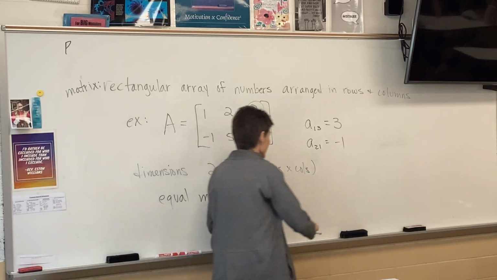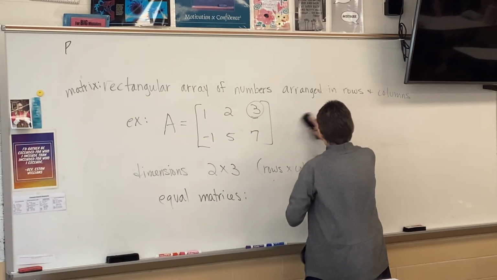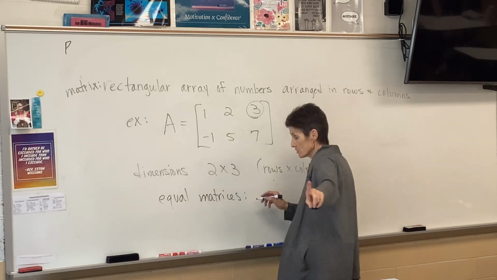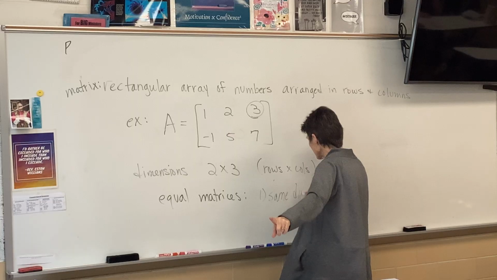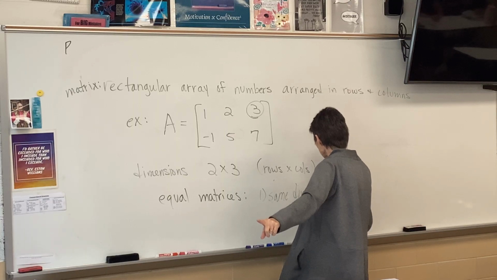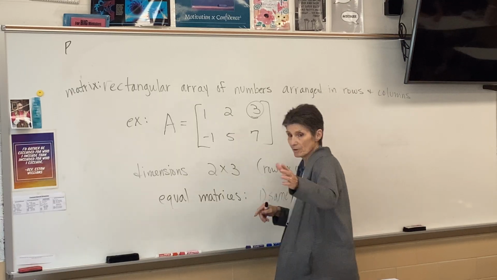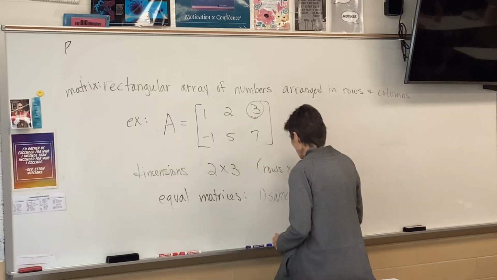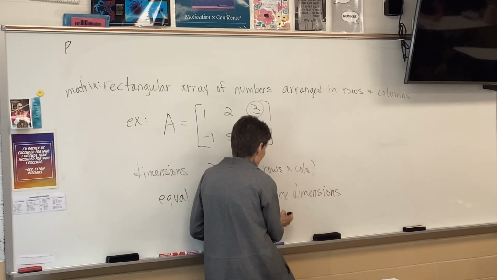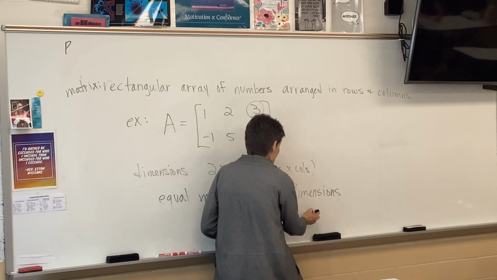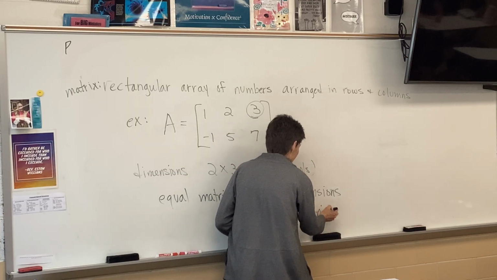Let's talk about the same number of rows and columns as well. They have the same dimensions, same number of rows and columns, so they're both 2 by 3 or something. And then you gotta be careful about this because they have the same entries.